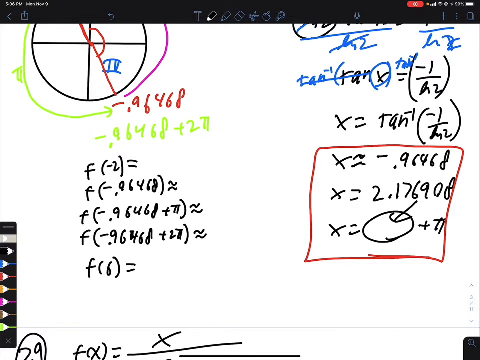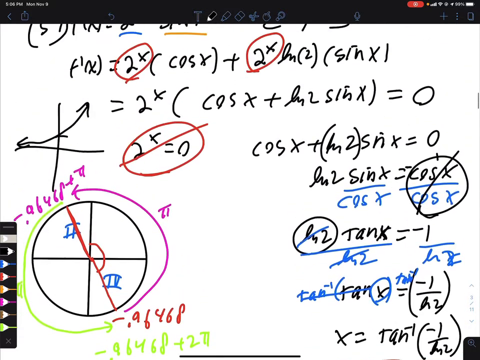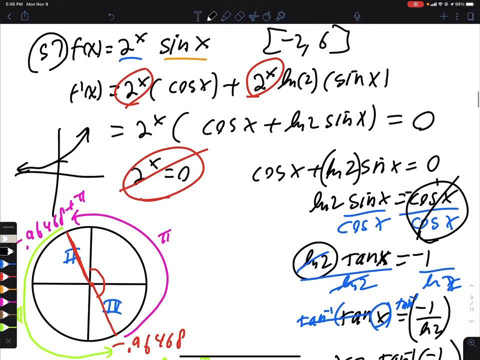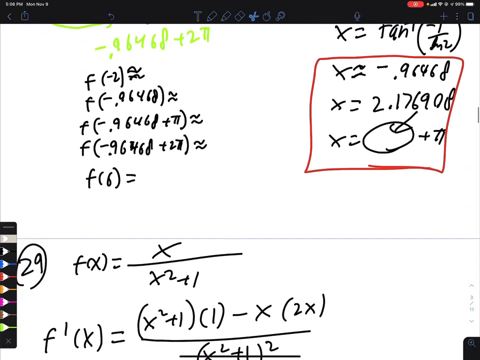And here we go. Let me move this book over here. So at -2, the approximate value of our function, remember we're trying to find the y value of the function, so we're looking at this equation. We're plugging it into this equation here. Let me copy and paste that down here so you know where it's going.